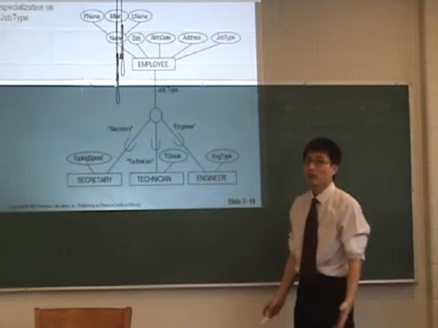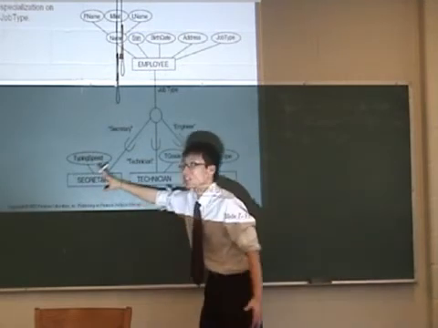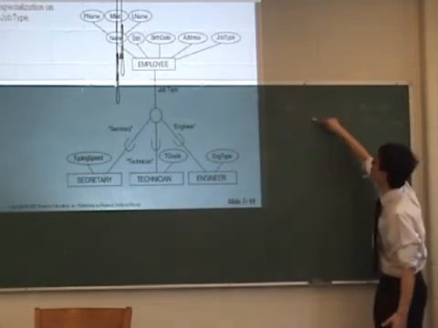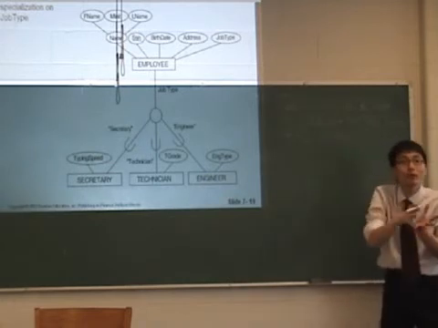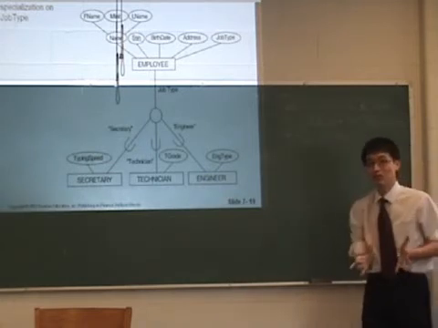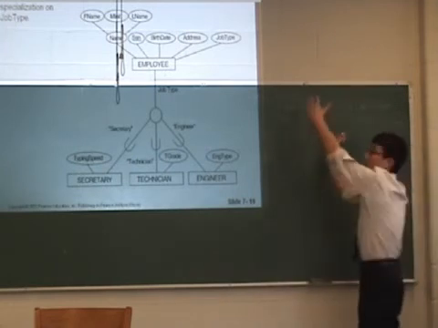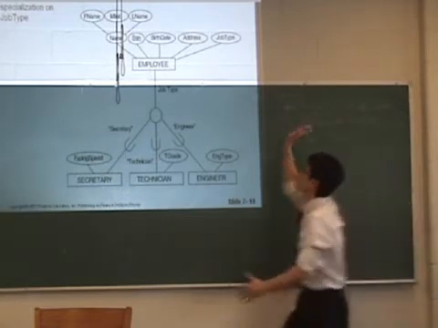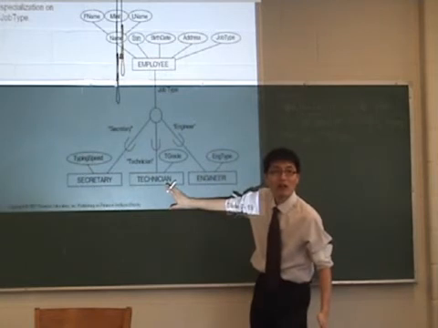Which means whenever I access all the information about secretary using this option, I need to access this data, then go to employee. So we need join operations. We need to visit 2 rooms, 2 houses. Why don't we merge such information? Which means we do not consider employee, only consider what?